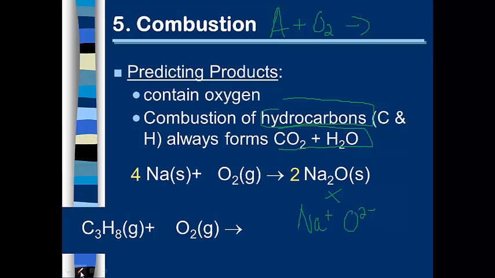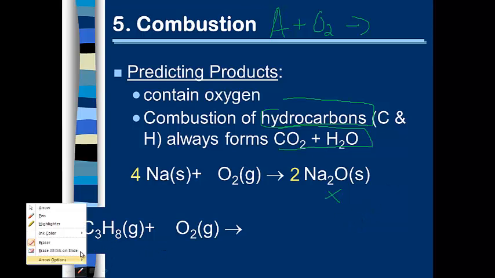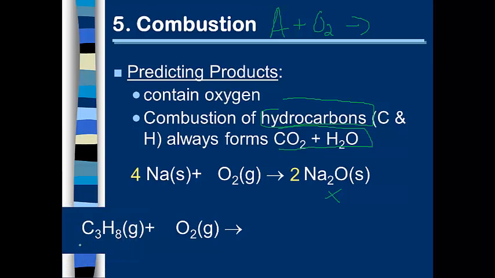Now this is the reaction of propane and oxygen, and it's going to combust like this. Since it is a hydrocarbon, it's always going to be carbon dioxide and water. So I'm going to have carbon dioxide and water automatically, and when you balance these, try to balance the carbon first. So if I balance the carbon first, and I know it all popped up at once, I've got the 3 here for carbon dioxide.